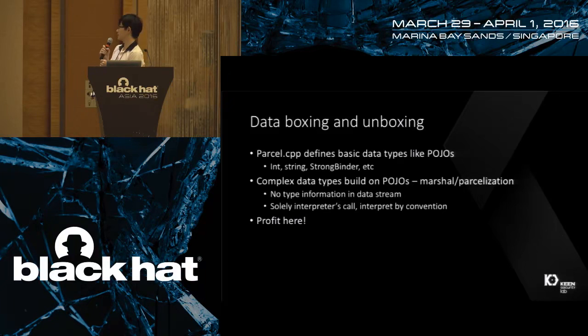The Parcel class defines basic data types like int, string, and strong binder. But for complex data types, we need to build them on these basic types, that is, we need to split them into the basic transaction types. And there is no type information in the transaction stream.